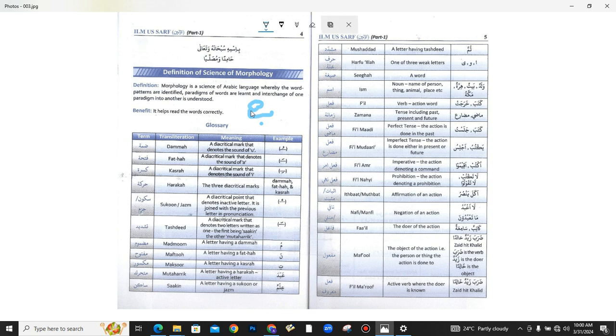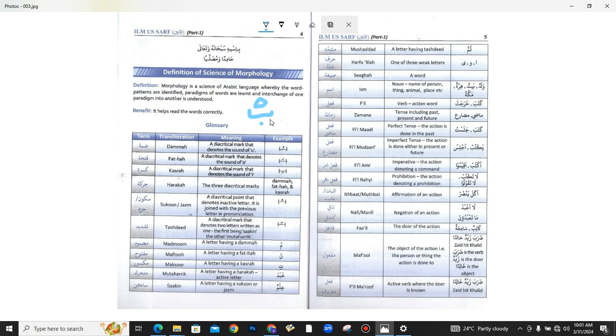Oh, this is my mistake. Let me write it again. Sometimes the jazm is like this, sometimes it is like this.